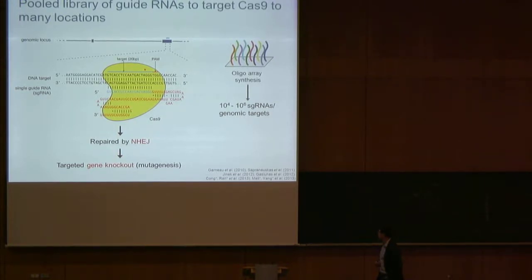And one thing that we and now many others have done is take advantage of DNA synthesis technologies, similar technology that's used to make microarrays in the context of sequencing, but we just cleave these oligos off the array. And so here, instead of designing one guide RNA to direct Cas9 to just one region in the genome, we can design really tens of thousands, up to millions of these guides at a single time, just click print, and then have this library delivered to us really in one tube.